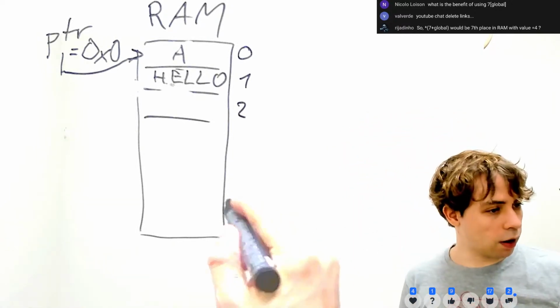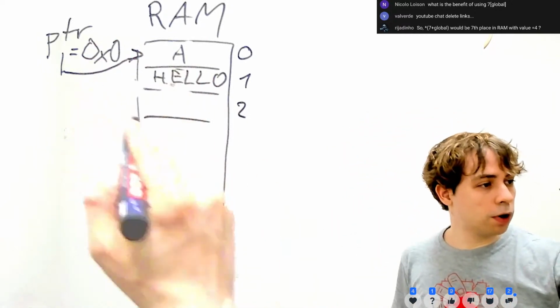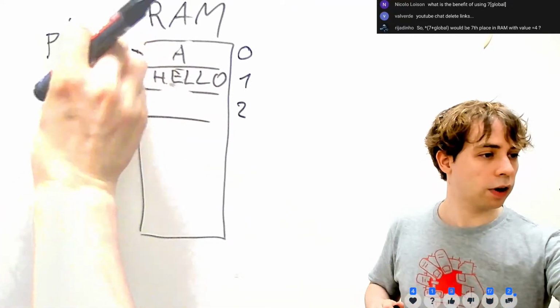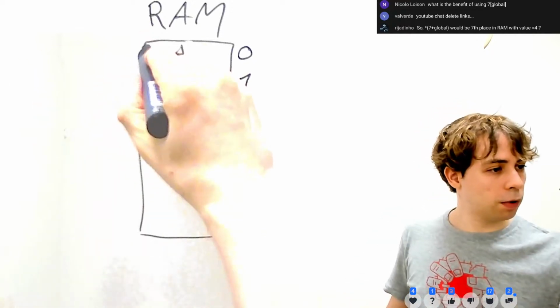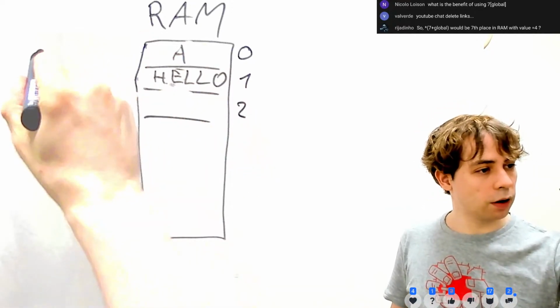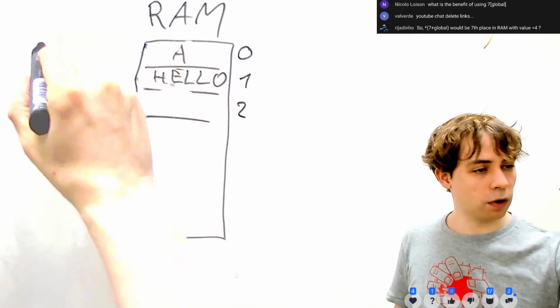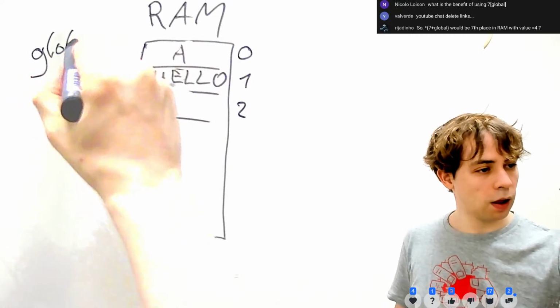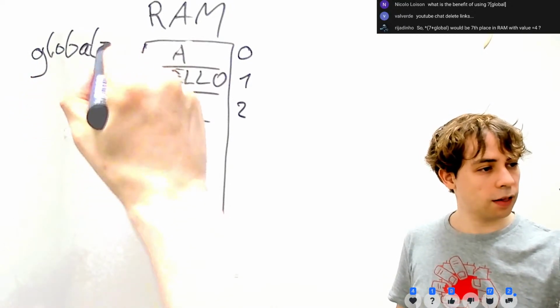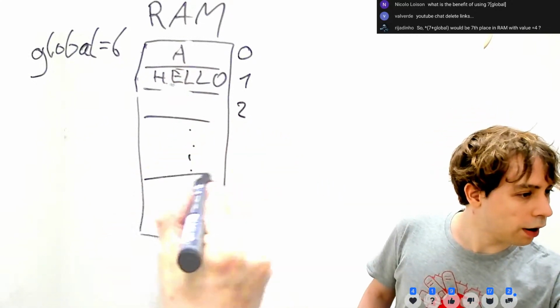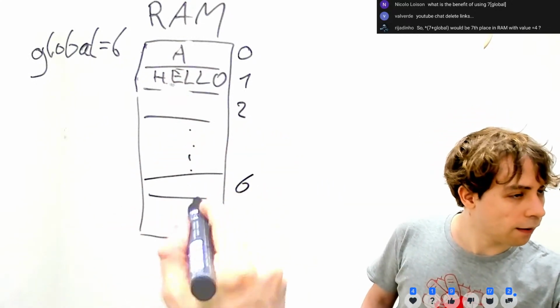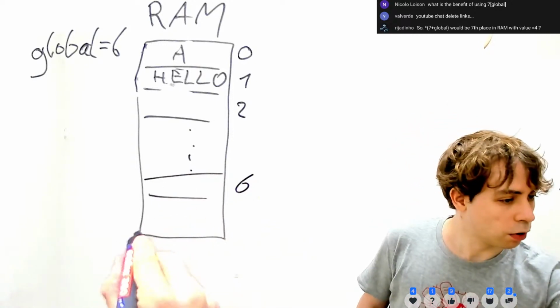So let's say global, let's write that down here. Let's spend a bit more time on this example so that we really got this. We have the global variable here, global, and I will say that this pointer has the value of 6. Let's say, okay, here we are at entry number 6.